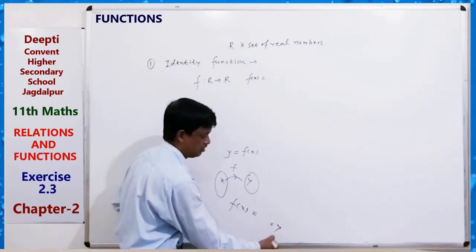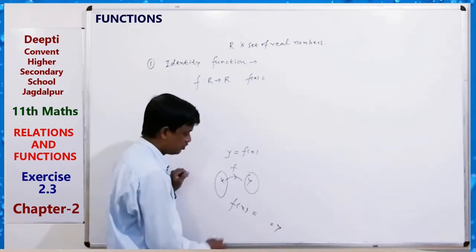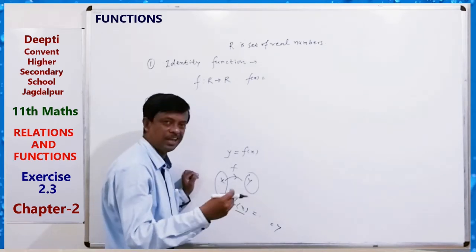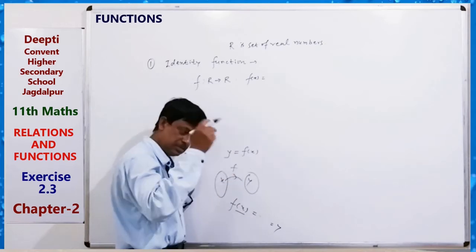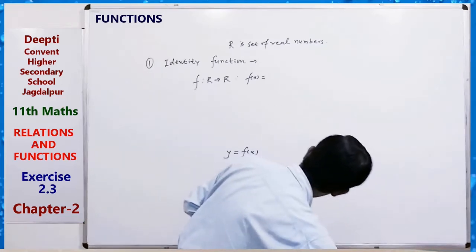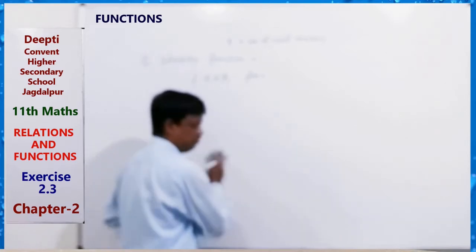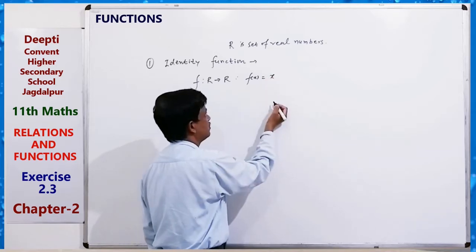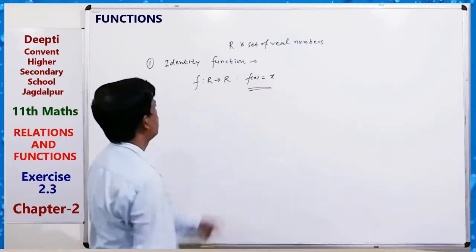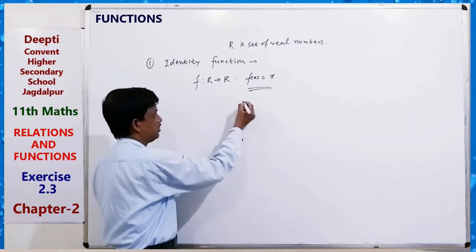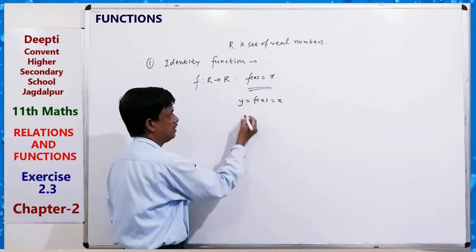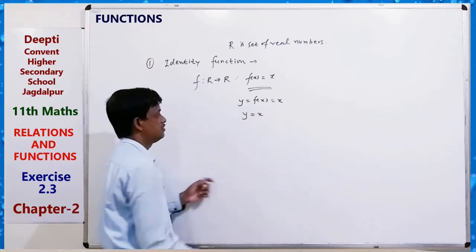That is y. So f(x) equals some value related to x, which is denoted by y. So here f(x) means y. Now here f(x) equals x. This is the identity function. That means y equals f(x) equals x.